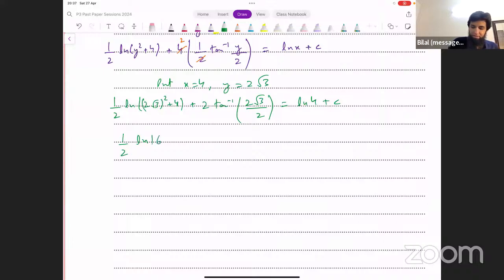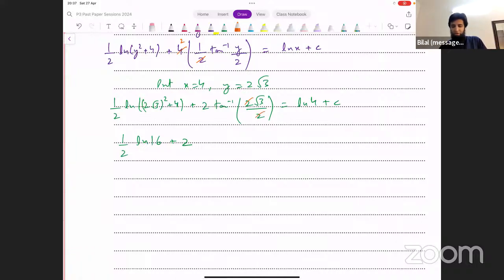Half ln 16 plus 2 into tan inverse of under root 3. What's that? Tan inverse of under root 3, that is pi over 3. That equals ln of 4 plus c.